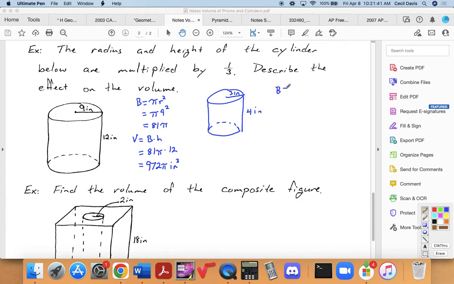So the area of the base is pi times the radius squared. That'll be pi times 3 squared is 9 pi. The volume is the area of the base times the height. So it's 9 pi times 4 is 36 pi cubic inches.